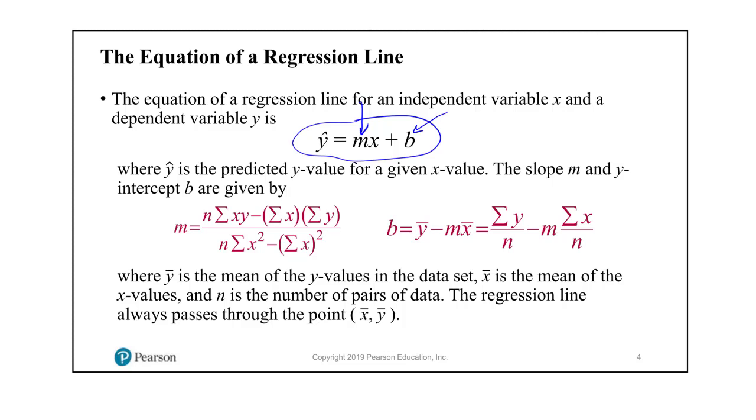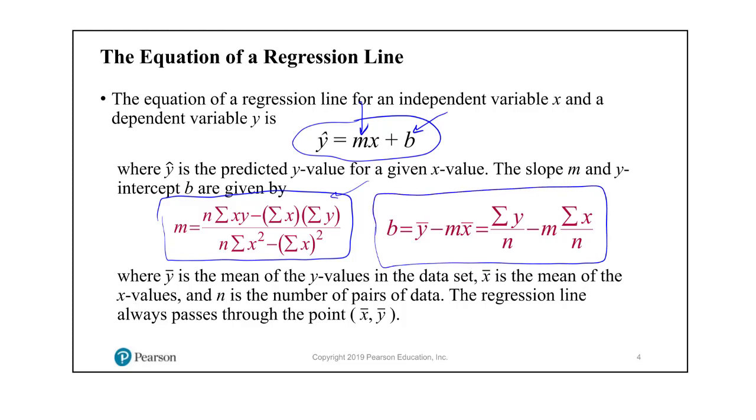All right, so here's how it would go. Here's the equation for finding out the slope based on all these data point values. And then if you wanted the y-intercept, you would use the y bar, the mean of the y values, and x bar, the mean of the x values.